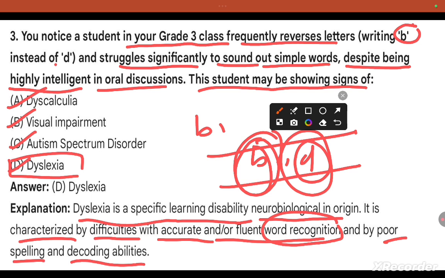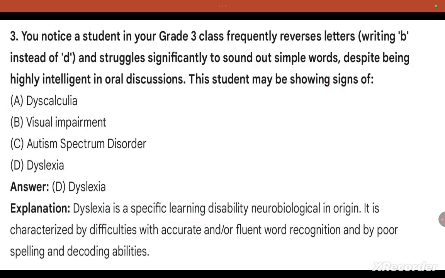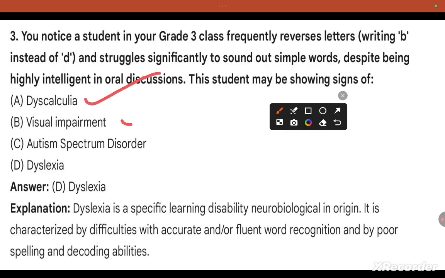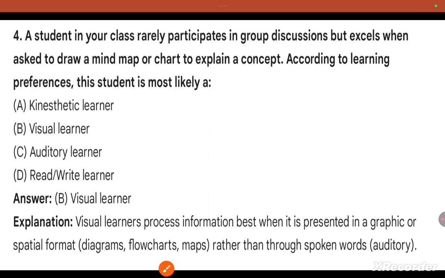So here this disability is called dyslexia. Dyscalculia means a problem in calculations. Visual impairment is about seeing. Autism is about a disorder in behaviour.